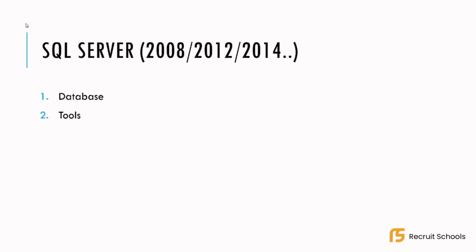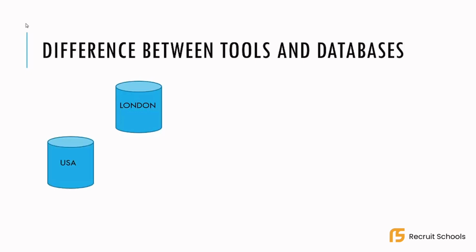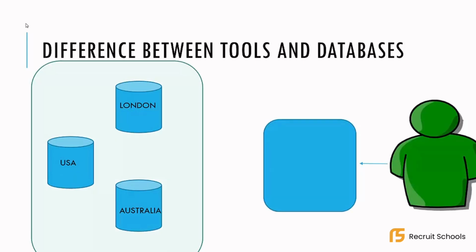So let's look at a few differences. Let's assume you have a database situated in London. There is another database in USA and another database in Australia. As I mentioned before, you could very well connect to these databases and then just pass on your queries via text, via command line and stuff, right? But a simpler way is to use a tool.